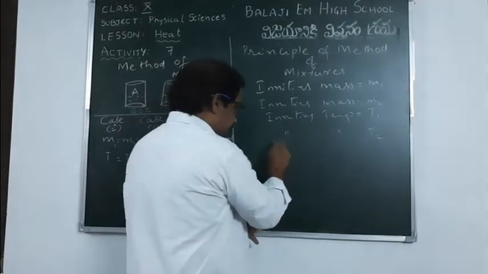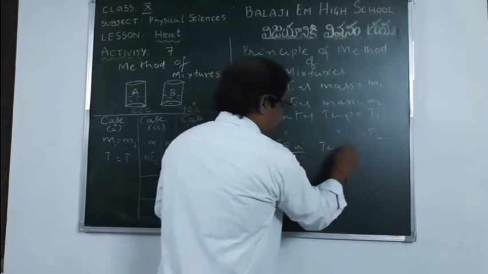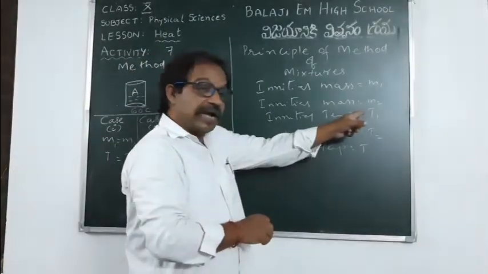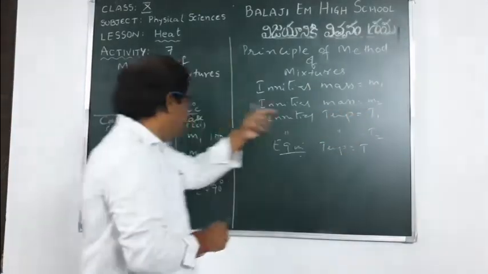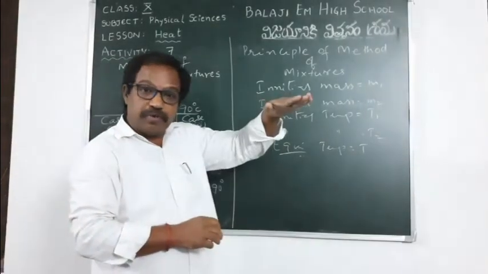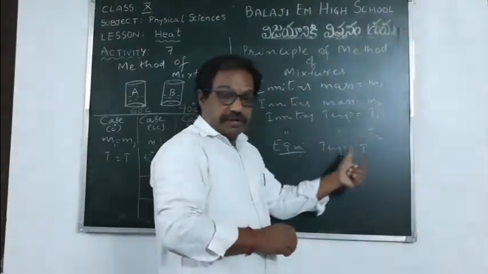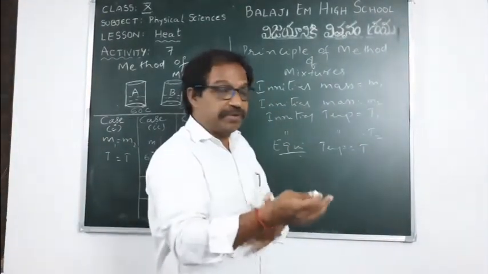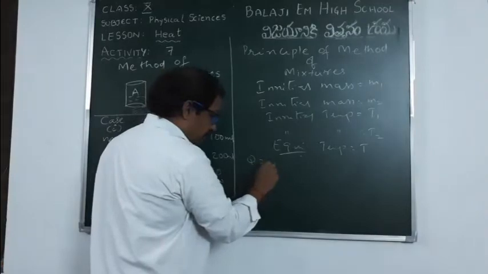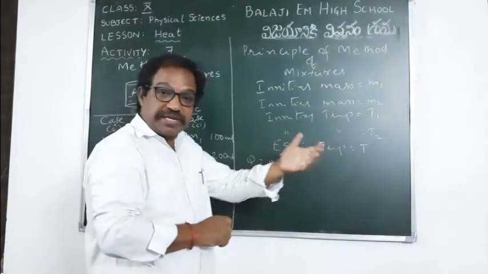Let us take that equilibrium temperature to be capital T. If you observe, T is greater than T1, because the heat is gained by that body, so T will be more than T1 and less than T2. So what is the change in the temperature? Already you know from the previous activity that Q is equal to m s delta T. So how much is the heat loss or how much is the heat gain?